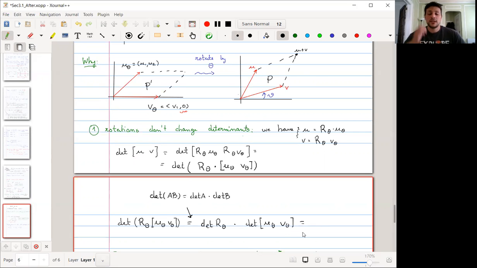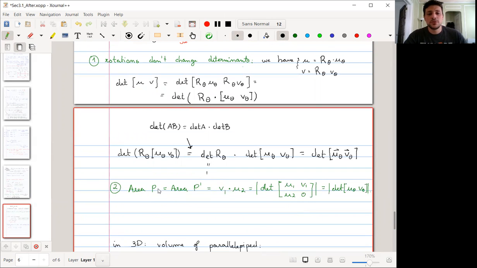Now, by the example in the previous video, the determinant of a rotation matrix is equal to 1. So this is just the determinant of u theta v theta, the matrix whose columns are vectors u theta and v theta. Okay, this is step 1. Applying a rotation matrix does not change determinants, and of course, it does not change areas.